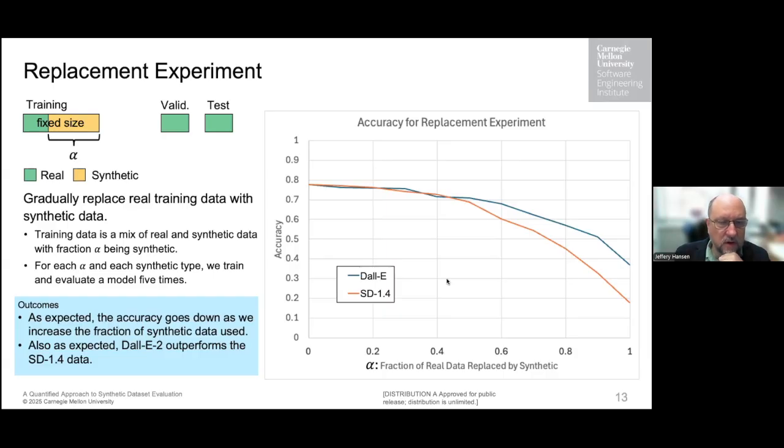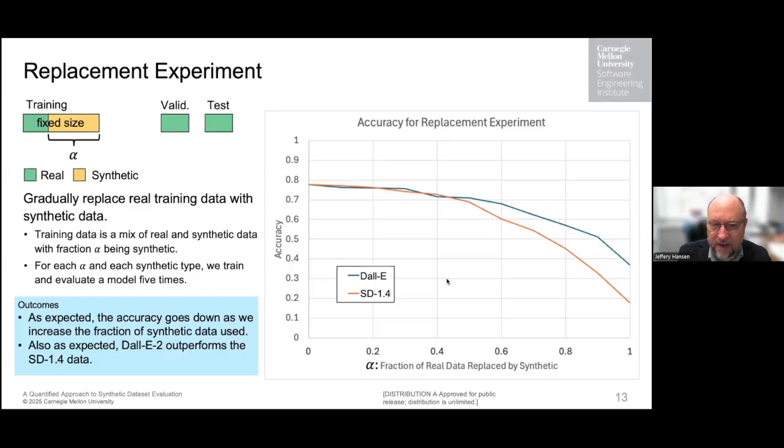What we would expect is that, since we know the synthetic data is not as good as the real data because we are able to distinguish it, as we increase the proportion of synthetic data, the quality of the results should go down. That's what we see in the graph here on the right. The upper curve, the blue one, is for Dolly.